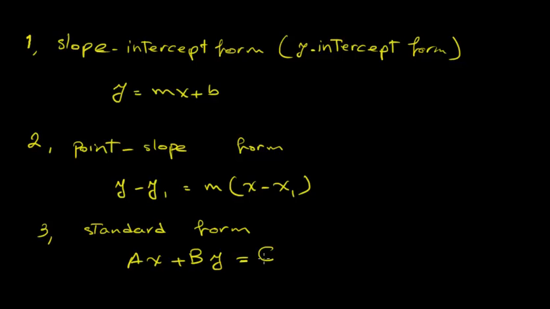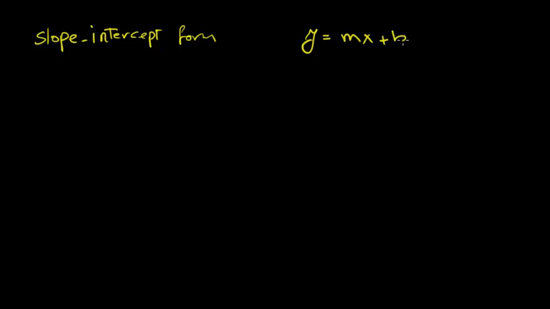I'm going to start with slope-intercept form, which you would see as y equals mx plus b.